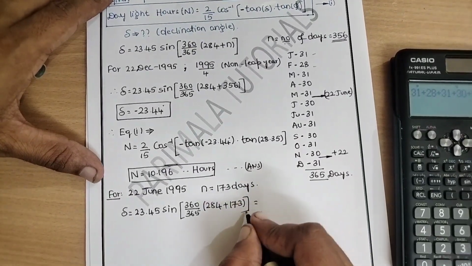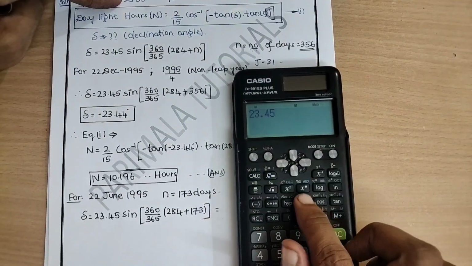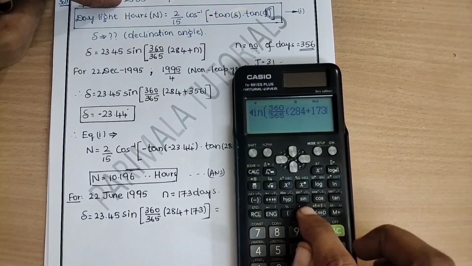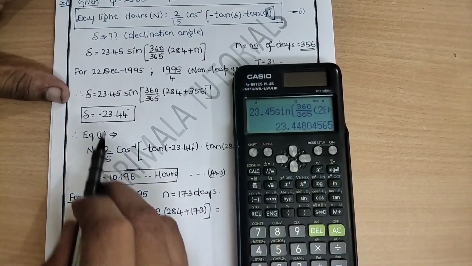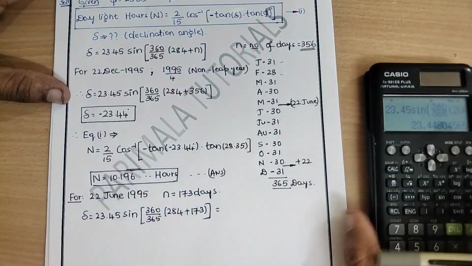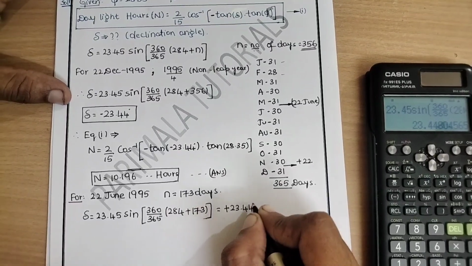So what is the value for this one? Let us make use of the calculator once again. The value is 23.44 degree, almost the same value. It is the same value but a different sign convention. Yes, this is plus 23.44 degrees.